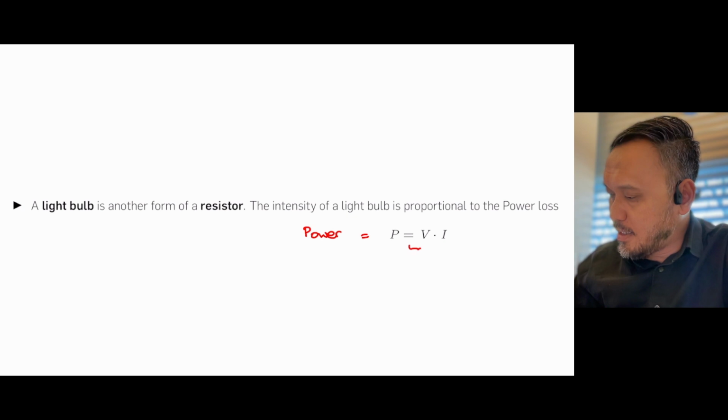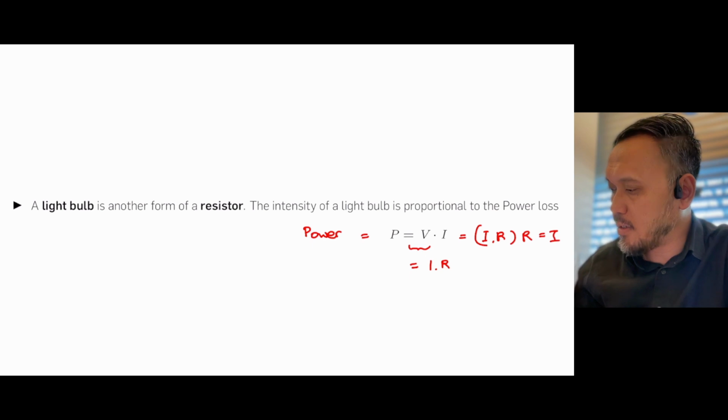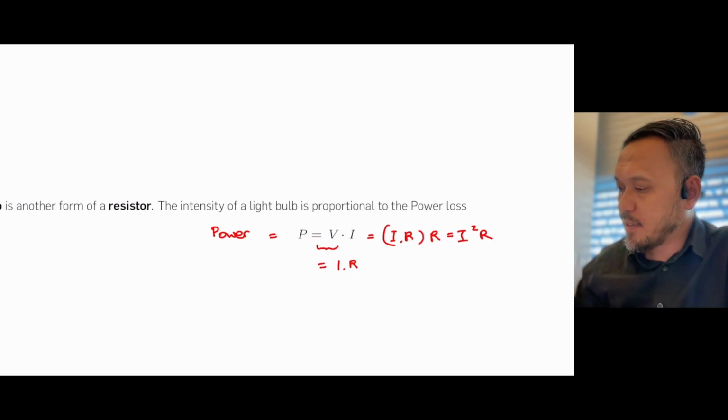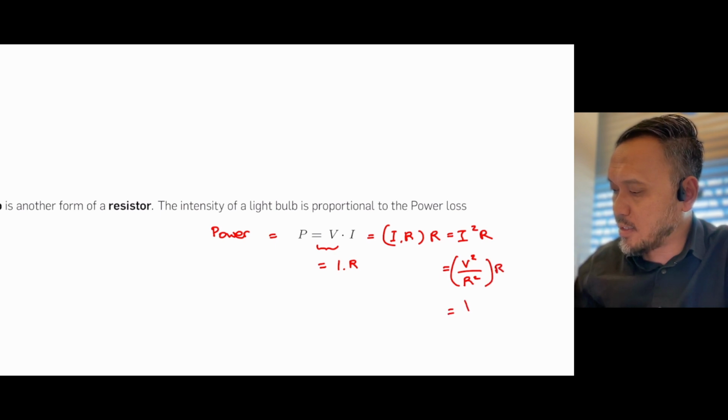Using Ohm's law, V is equal to I times R, so V times I is equal to I squared times R. Also, I squared is equal to V squared divided by R squared, times R, which is V squared divided by R.